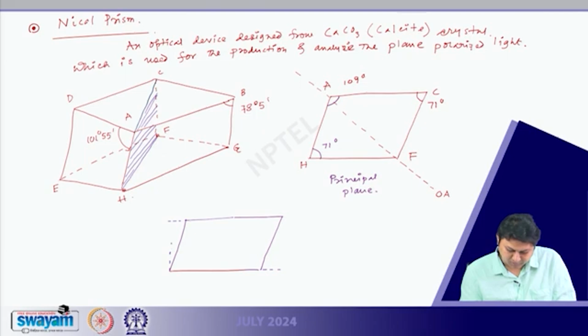So that dotted one was the original one. Let me draw it properly. So we cut this in such a way that this angle, previously 109 degree, after cutting becomes 112 degree.